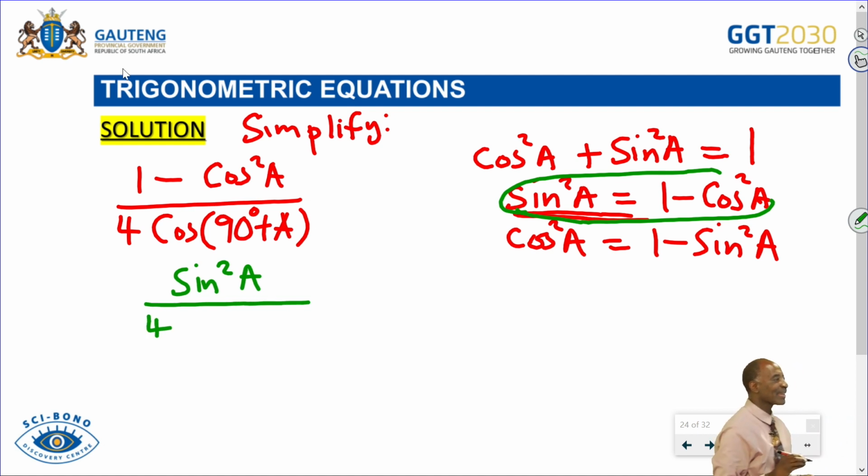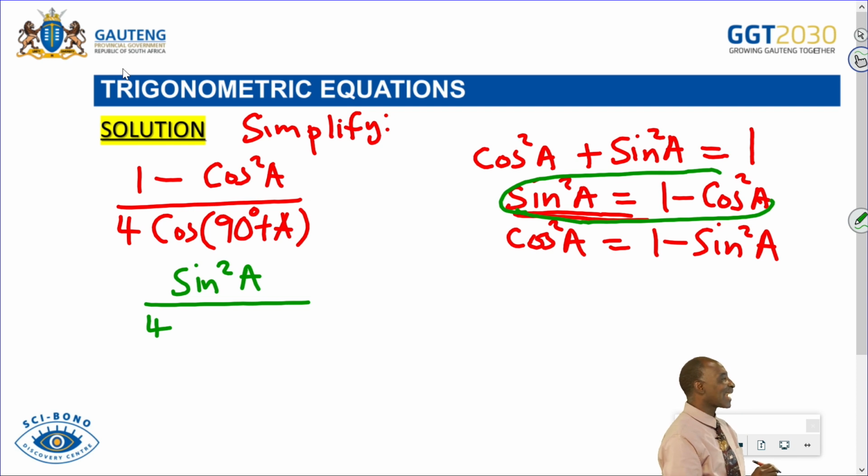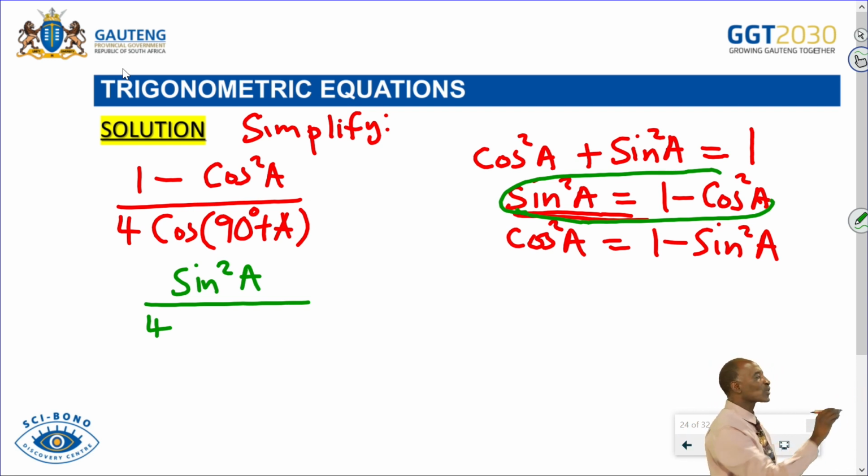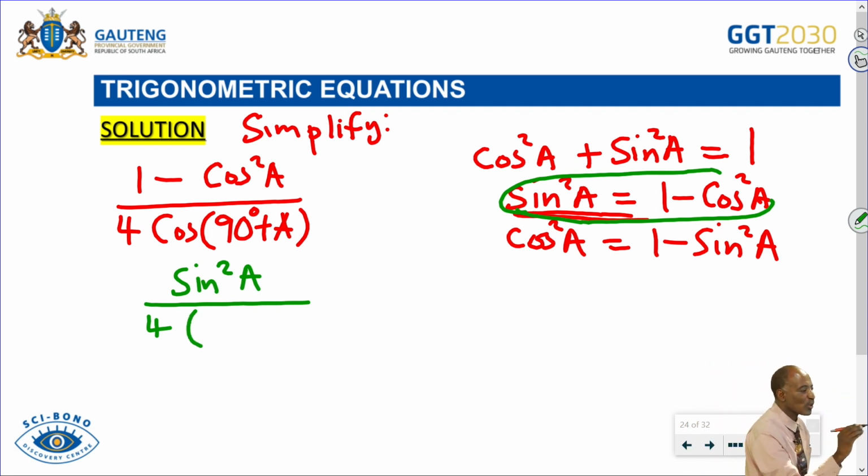We stop there. We think of cofunctions. Cos 90 degrees plus A. We need to check in which quadrant is 90 degrees plus A. Yes, it is in the second quadrant where cosine is a negative. So this will reduce to negative sine of A. Then we simplify further.